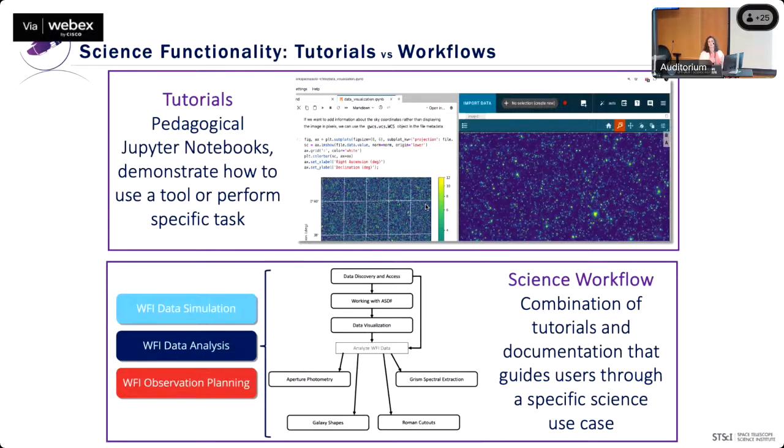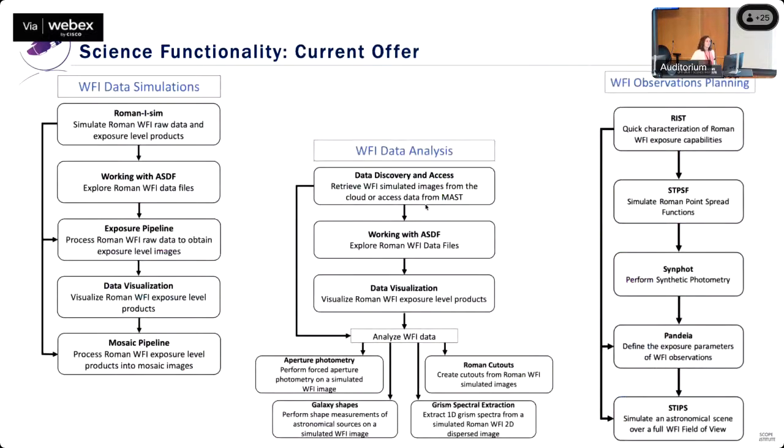For example, how to simulate WFI data from A to Z, how to analyze the data, how to plan for an observation. This is what we have currently as the offer, but we're working on developing more workflows as we speak.